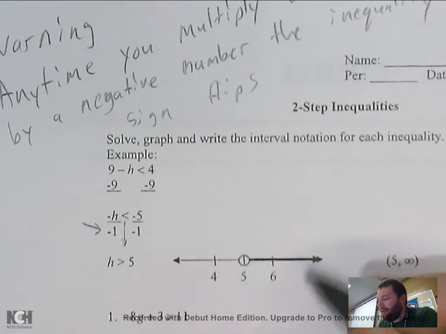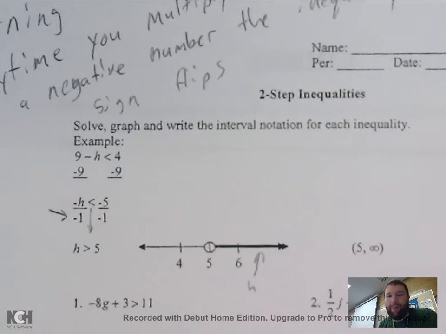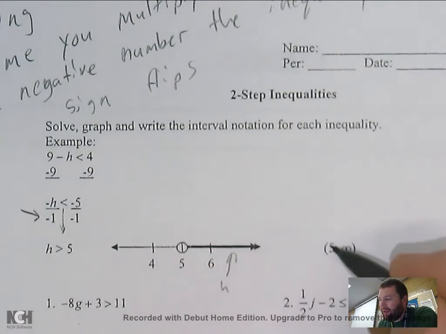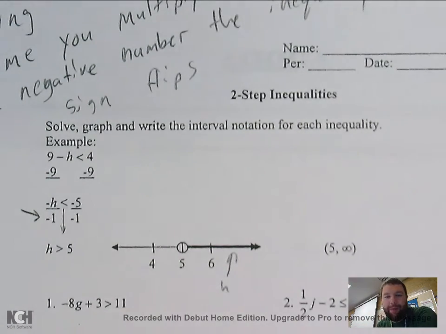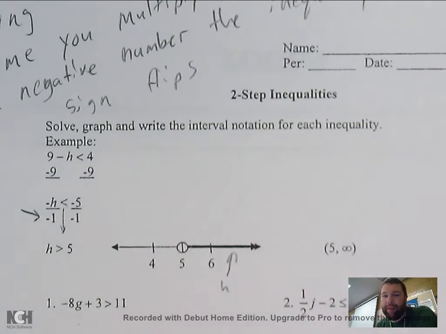Because that's what h is. In interval notation, since you used an open circle, you use a parenthesis. That means it doesn't quite equal 5, but it gets close enough that we just say 5. Then comma infinity, and infinity will always have a parenthesis because you can never equal infinity.